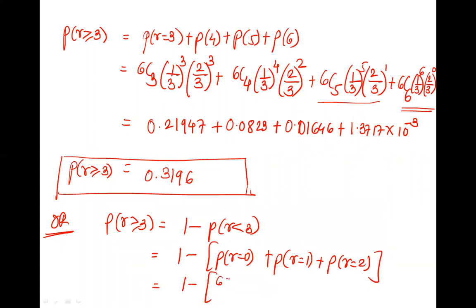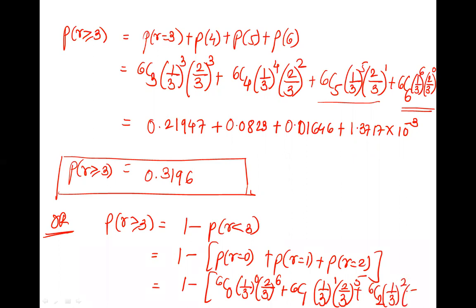So n is 6, 6C0, p raised to 0, q raised to 6 minus 0, 6, plus 6C1, p raised to 1, q raised to 6 minus 1, 5, plus 6C2, p raised to 2, q raised to 6 minus 2, 4. Solve it. We'll see whether we are getting the similar answer.